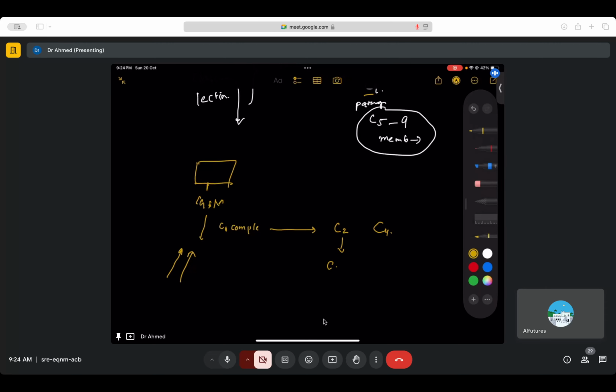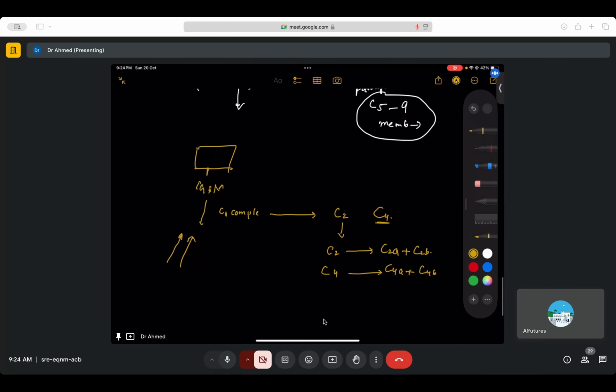C2 is going to be converted into C2A plus C2B, and C4 is going to be converted into C4A plus C4B. So your C2B and C4B together are your C3 convertase.